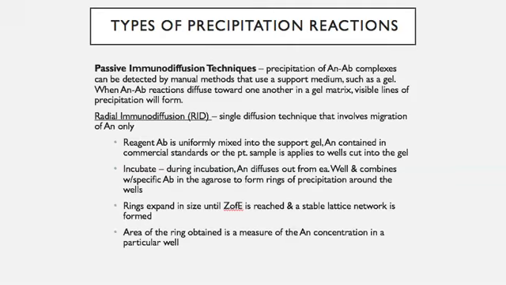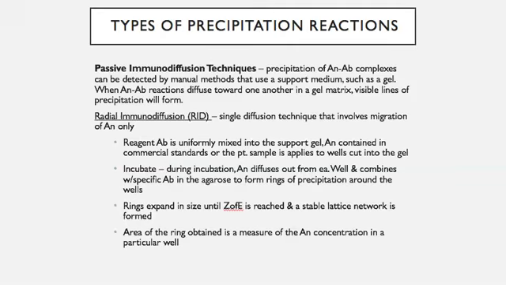So with radial immunodiffusion, this is a single diffusion technique that involves migration of antigen only. So you've got a reagent antibody that's uniformly mixed into that support gel or that support agar.